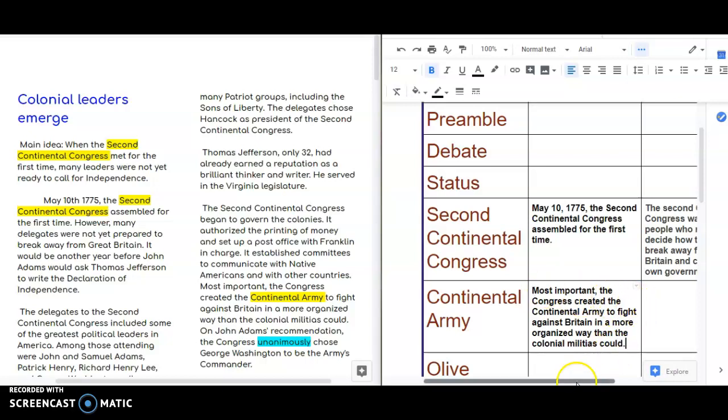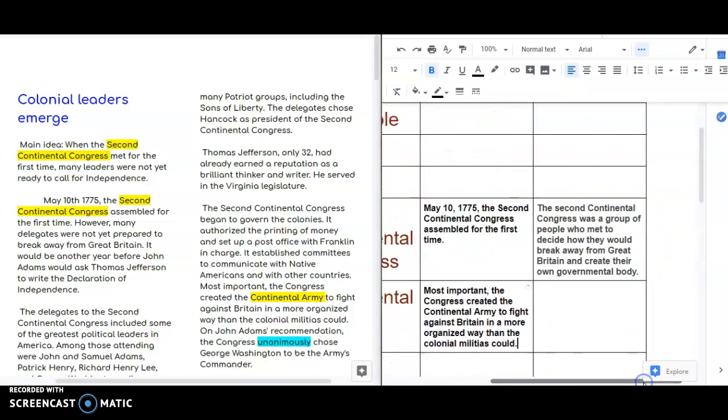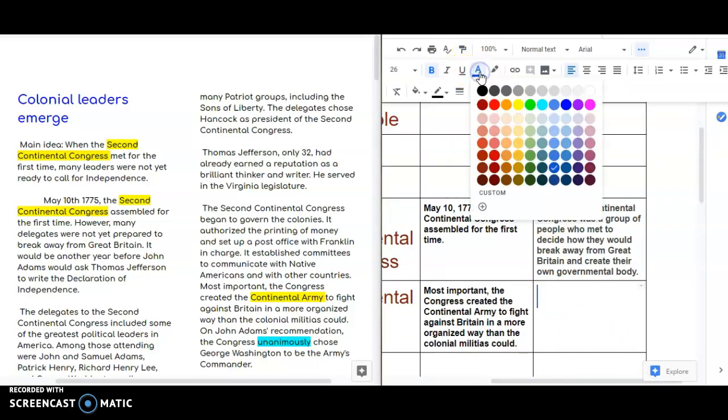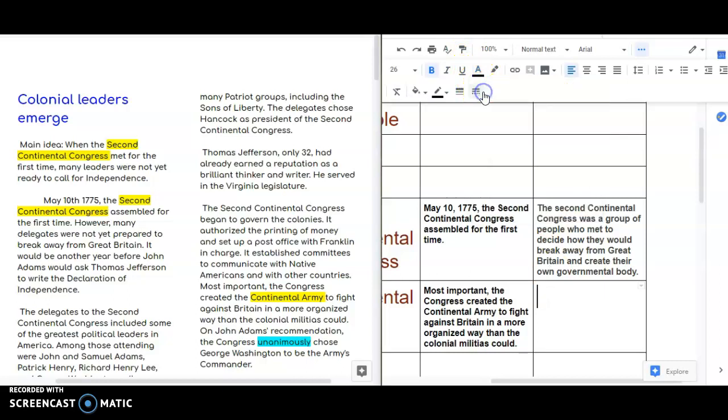So based off of that, I can take a guess as to what the meaning of the word is.